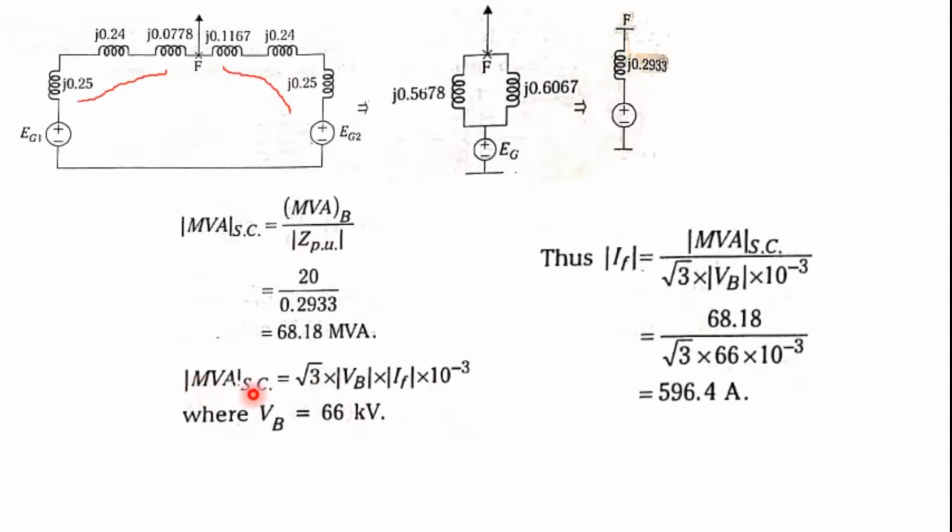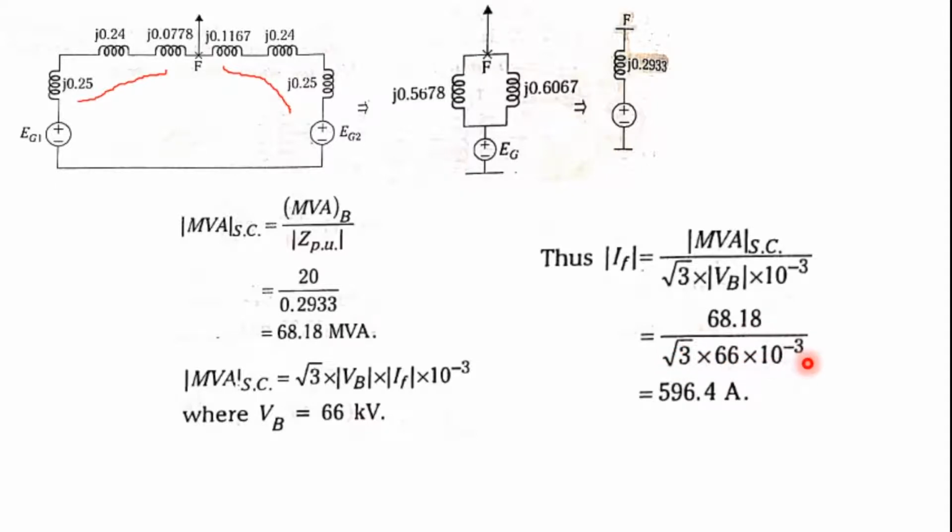Substituting, we know MVA short circuit is 68.18, divided by root 3 and V base, so we can calculate the fault current which is flowing. After substitution, MVA short circuit is 68.18 divided by root 3 and the voltage is 66.